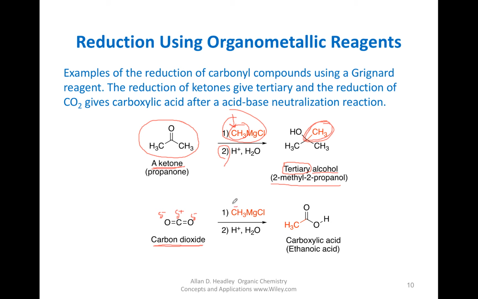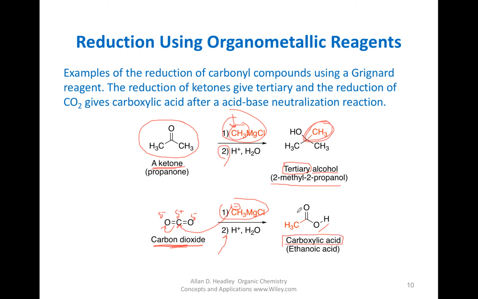So this Grignard, which is negative, will react right here, and these electrons will swing out on the O to form O negative, followed by H plus. What you have here is a carboxylic acid. So once again, a Grignard reagent reacts with carbon dioxide to give a carboxylic acid, a very specific functional group.